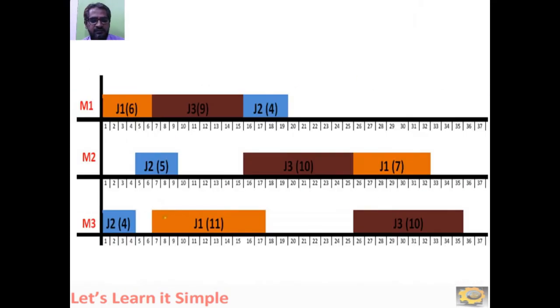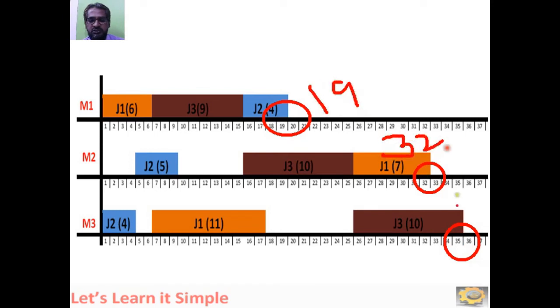We can see here, machine 1 completes all the jobs by 19 time units. Machine 2 completes all the jobs by 32 time units. Machine 3 completes all the jobs by 35 time units.